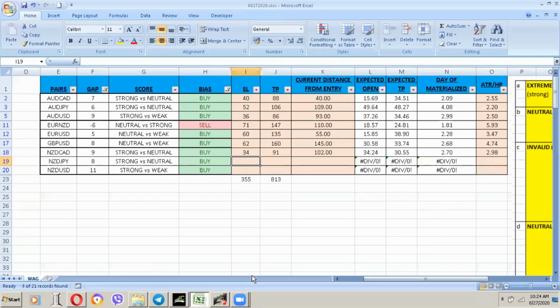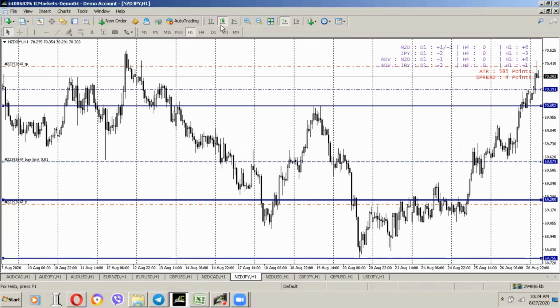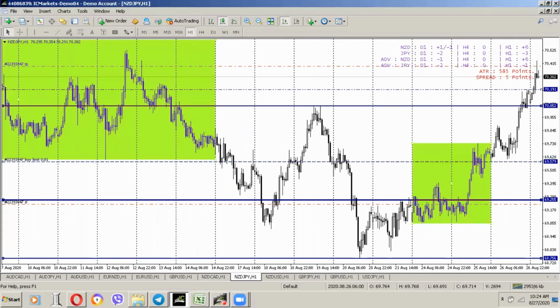So next we have NZDJPY. For NZDJPY, buy bias din. Okay sana siya for intraday kanina, but for now, I'll wait for pullback here. This is around 35 and 80.